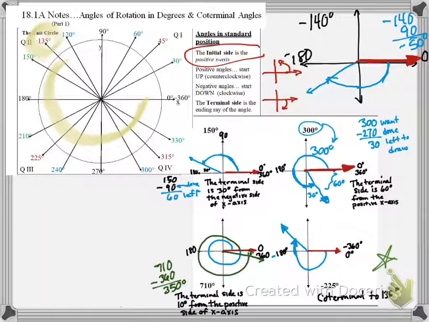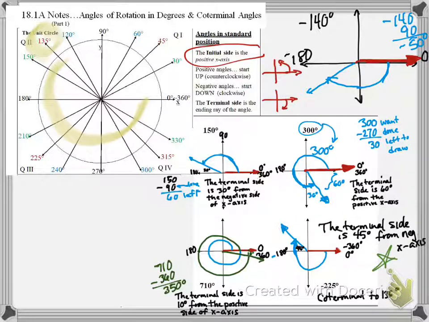So while I'm here, I'm also going to write the terminal side. How many degrees is it from the x-axis? It was in the half right there, so it's 45 degrees from the negative x-axis.